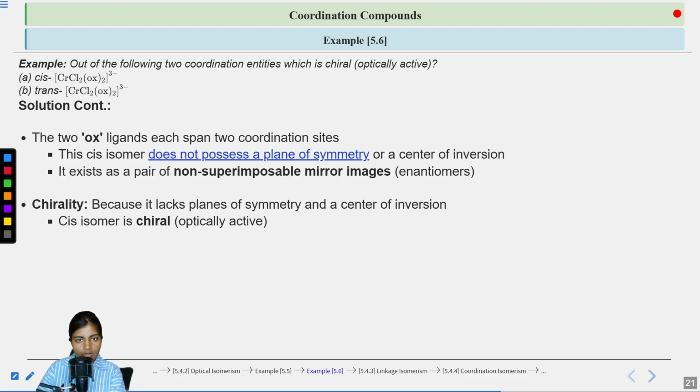A center of inversion exists when, if you go from the center a certain distance in any direction, you get a ligand, and in the similar opposite direction, if you go the same distance and find the same ligand, then there is a center of inversion. But here, the cis isomer of this complex doesn't have a plane of symmetry or a center of inversion, both. That means it is chiral. This cis isomer is chiral. That means this is optically active.